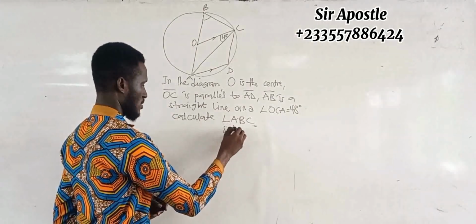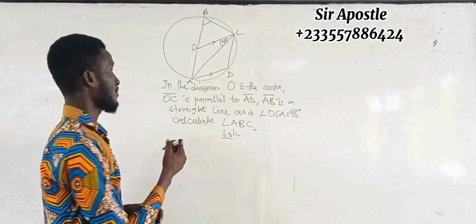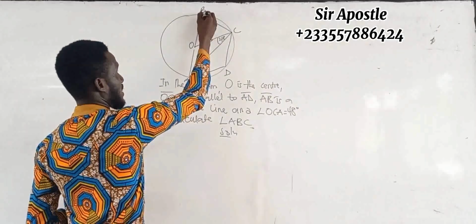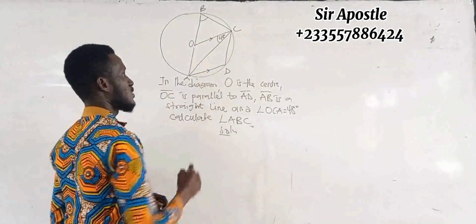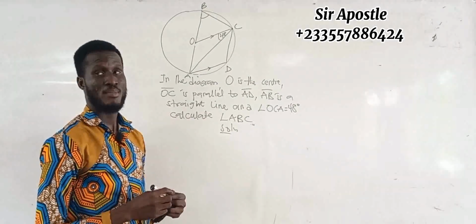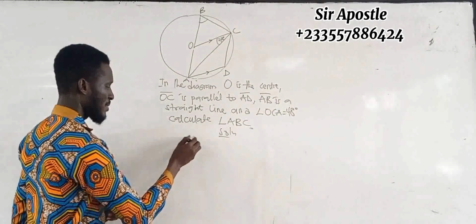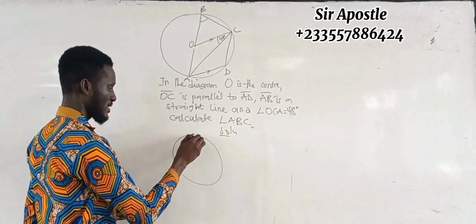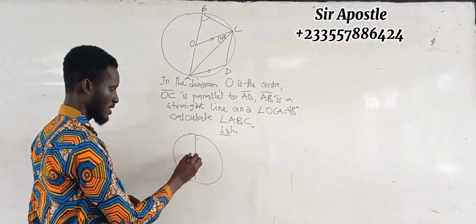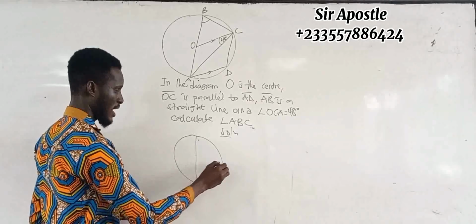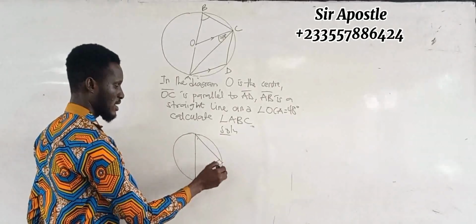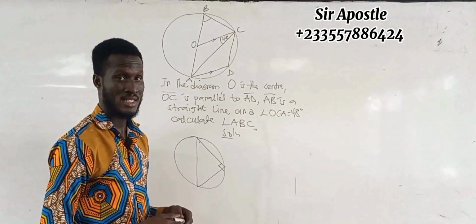Solution. How do you see the diagram? This one is the diameter. Since this is the diameter, we can apply the diameter rule. The diameter rule says that when we have a diameter like this, and it forms an angle at the circumference of a circle, that particular angle is 90 degrees.